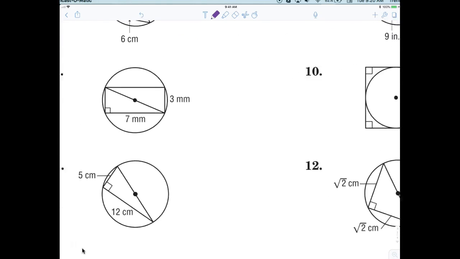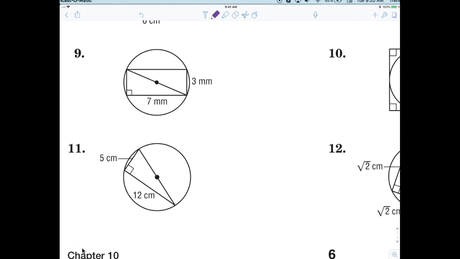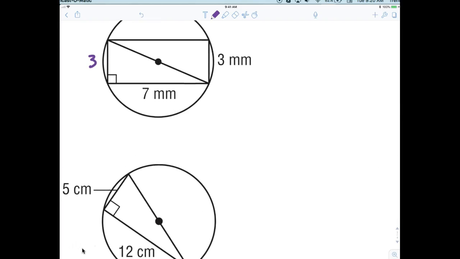Let's look at number 9 now. Now it's a rectangle, obviously, so this leg over here is 3. So then the diameter would be, come on, tell me what? Square root of 58.